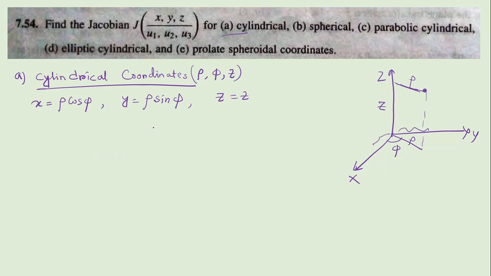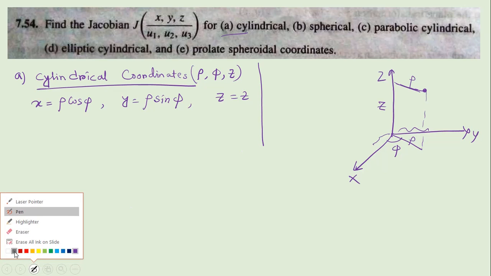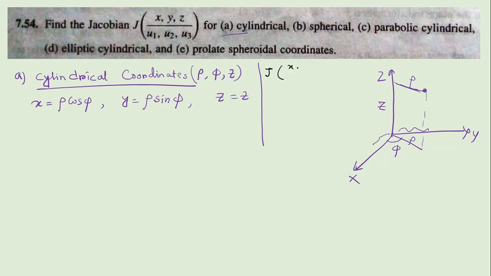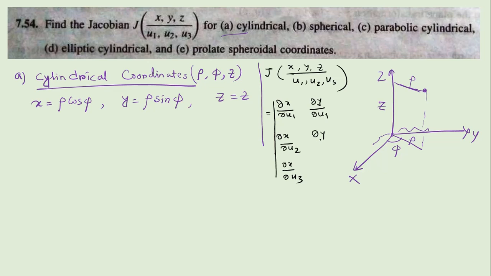From the definition of the Jacobian, I want to write here that J of x, y, z with respect to u1, u2, u3 is the determinant with rows: del x del u1, del x del u2, del x del u3; del y del u1, del y del u2, del y del u3; and del z del u1, del z del u2, del z del u3.